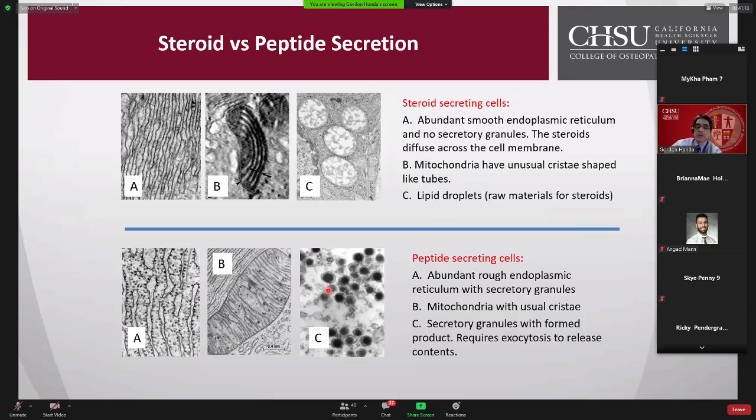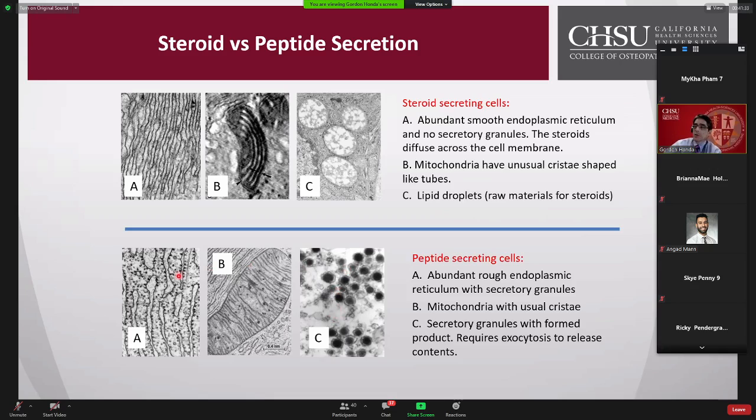This is also in the pre-read, just to point out some of the difference between steroid secreting cells and peptide secreting cells. Again, these little cannonball things, those are neurosecretory granules. In the context of adrenal gland, that's got to be the medulla. Okay.